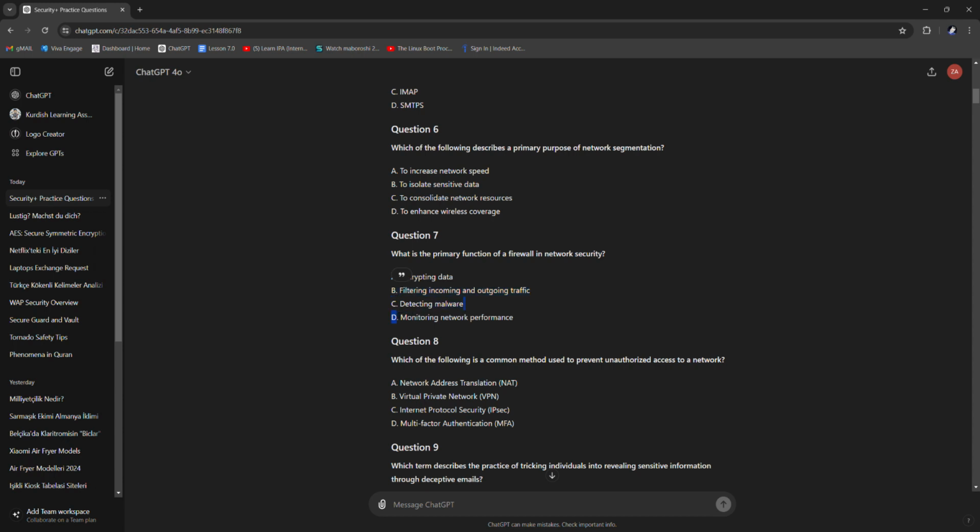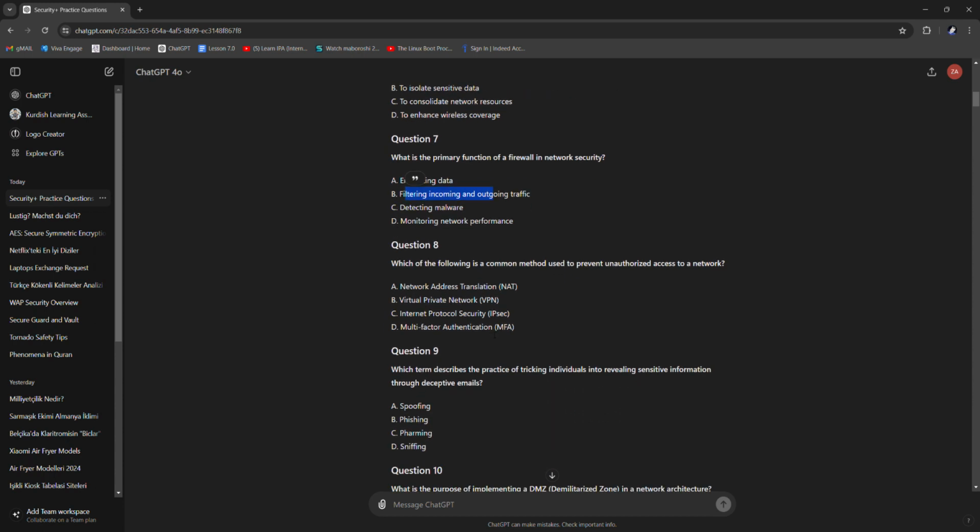Detecting malware is an anti-malware or antivirus program. Monitoring network performance, well, next generation firewalls do this too, but it's not specifically a firewall's job. A firewall's main purpose is filtering incoming and outgoing traffic.